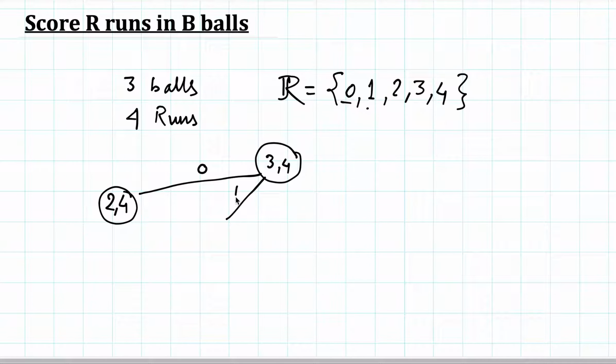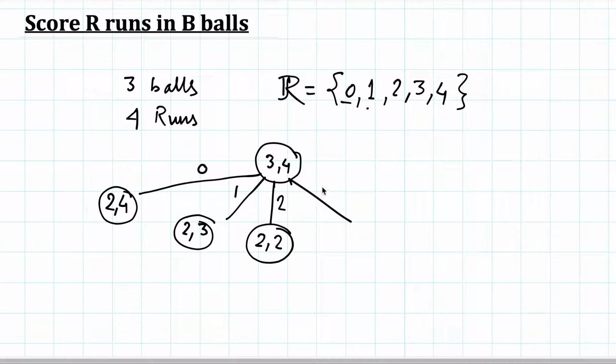If we score 1 run, then we will be left with 2 balls and 3 runs. Similarly, if we score 2, we will be left with 2, 2. If we score 3 runs, then we are left with 2, 1. And if we score 4 runs, we are left with 2, 0.